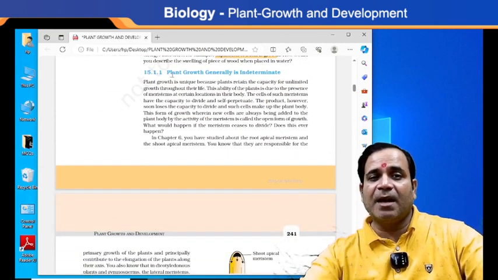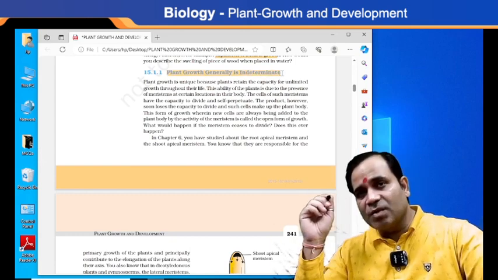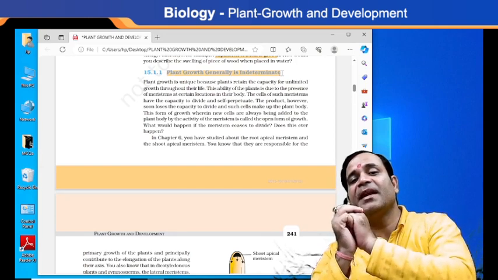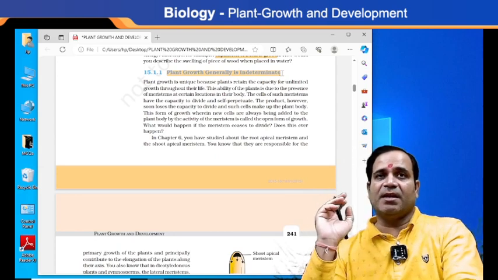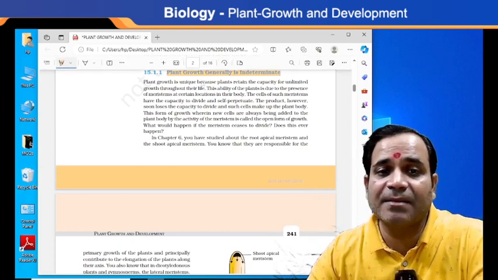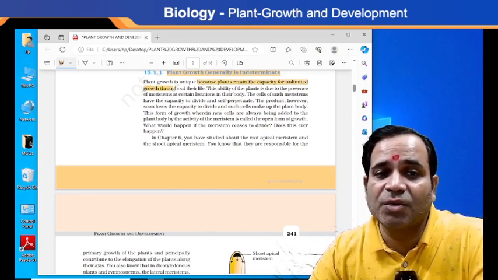Now see, plant growth is generally indeterminate. Indeterminate means plant growth is unique. You know why plant growth is unique? Because plants retain the capacity for unlimited growth throughout their life.